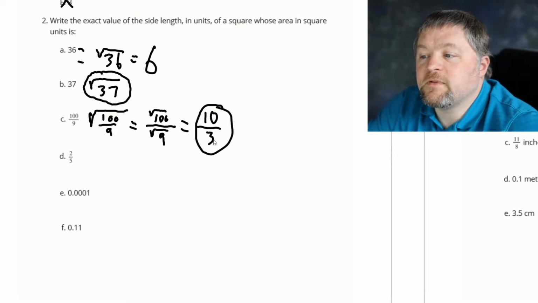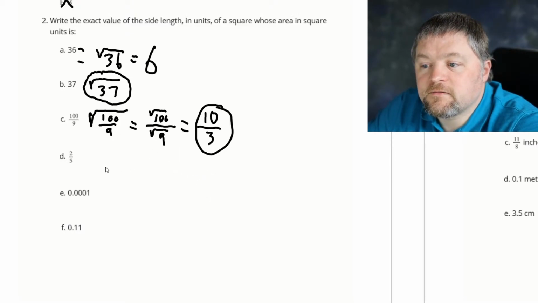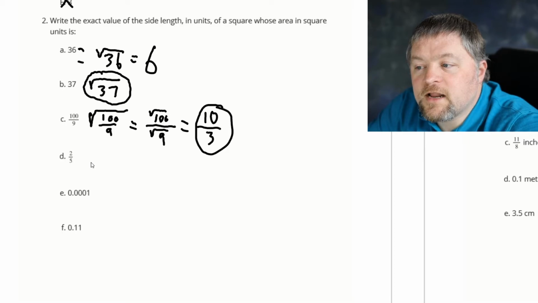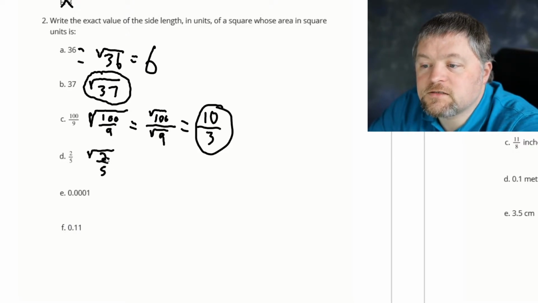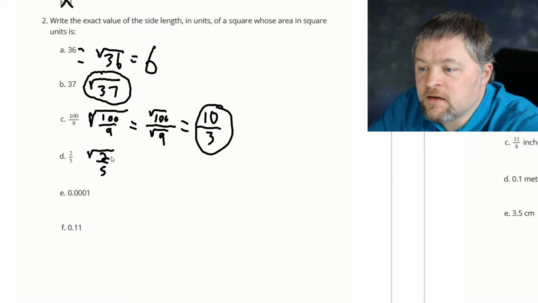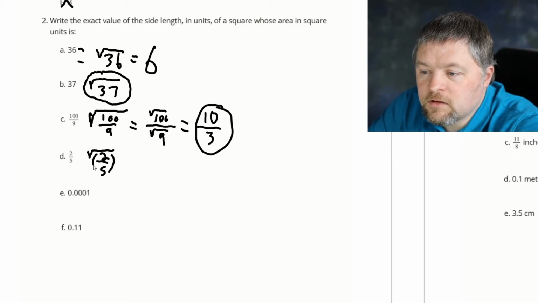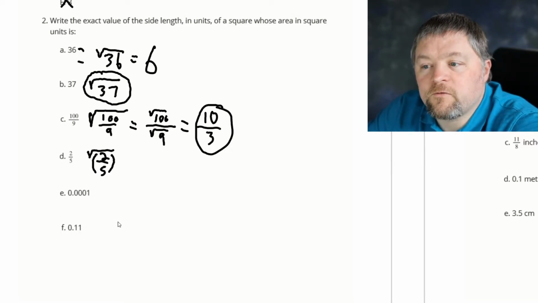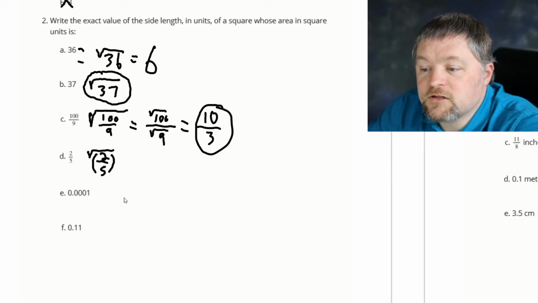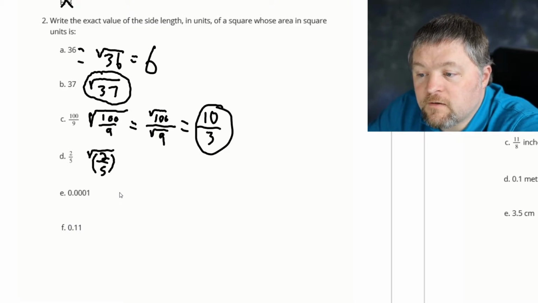So C can be 10/3. Now our next one, we have 2/5. The square root of 2/5. Neither of those have a nice square root. Put some parentheses there so it's obvious we're taking the square root of the whole fraction. The answer to this one is just the square root of 2/5.